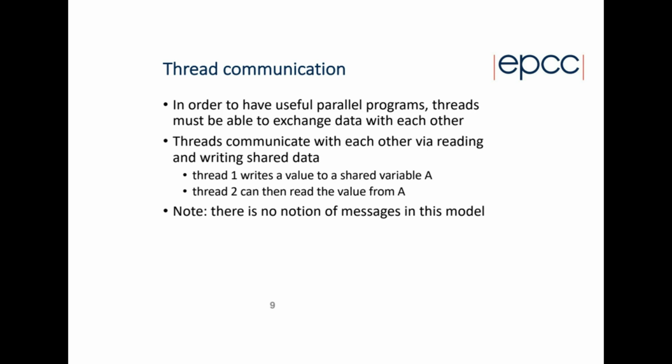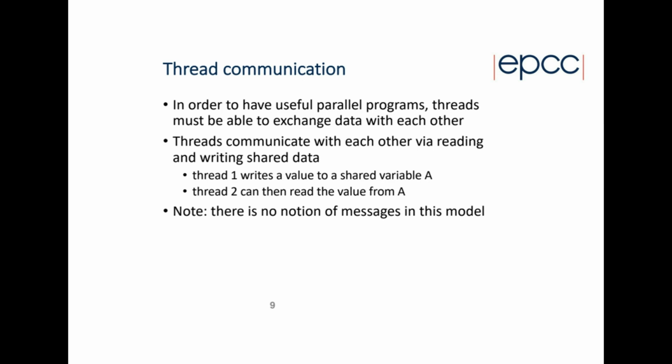This brings us on to the notion of how threads communicate with each other. In order to have useful parallel programs, which do something other than completely trivial parallelism, threads have to be able to exchange data with each other somehow. The way this works is very simple, conceptually.